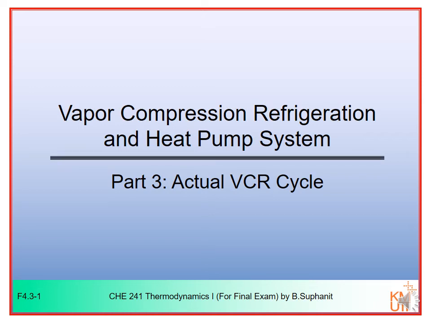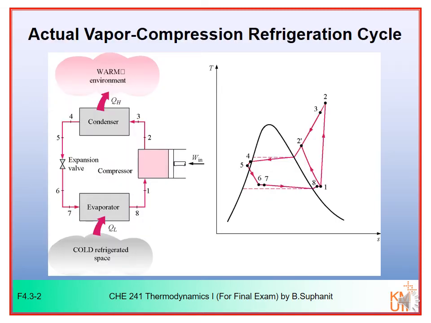Hi, in this part of the lecture, I'm going to talk about the actual VCR cycle. An actual VCR cycle differs from the ideal one in several ways, mostly due to the irreversibilities occurring in various equipment.